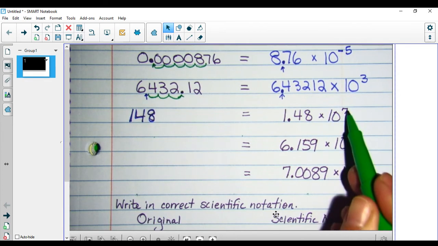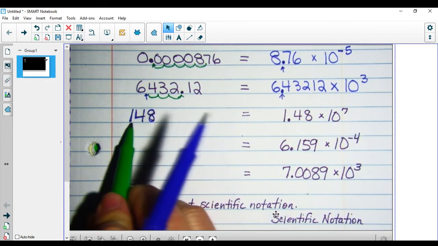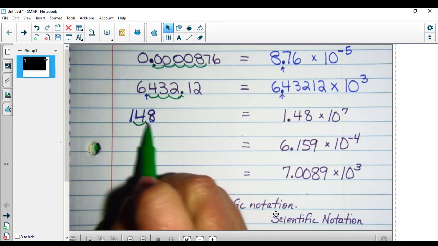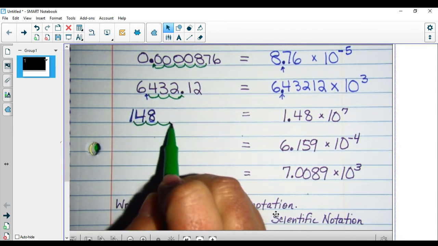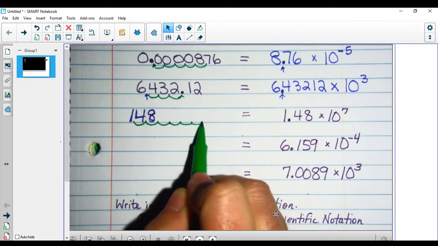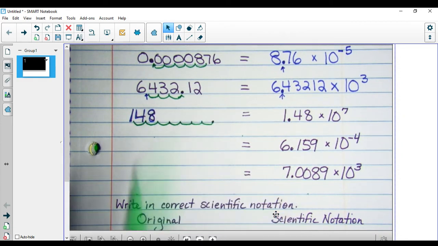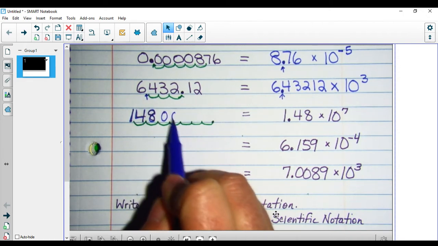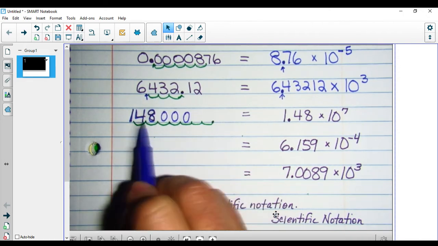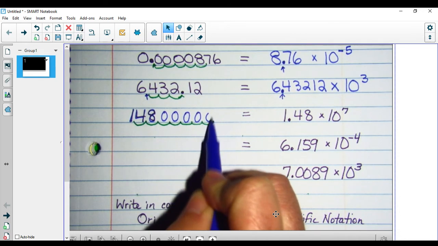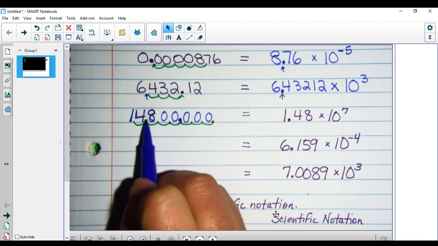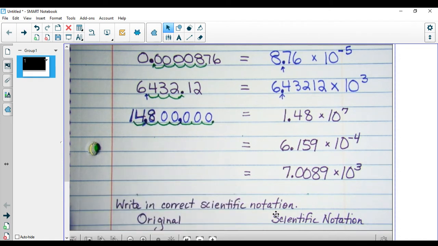I'm multiplying by 10 to the 7th. That means this number is going to get larger. The decimal moves over 7 times. That's 4, 5, 6, 7. I fill in the zeros so that I know I have the right place values. And then if you fill in the commas, we can read that number more easily.